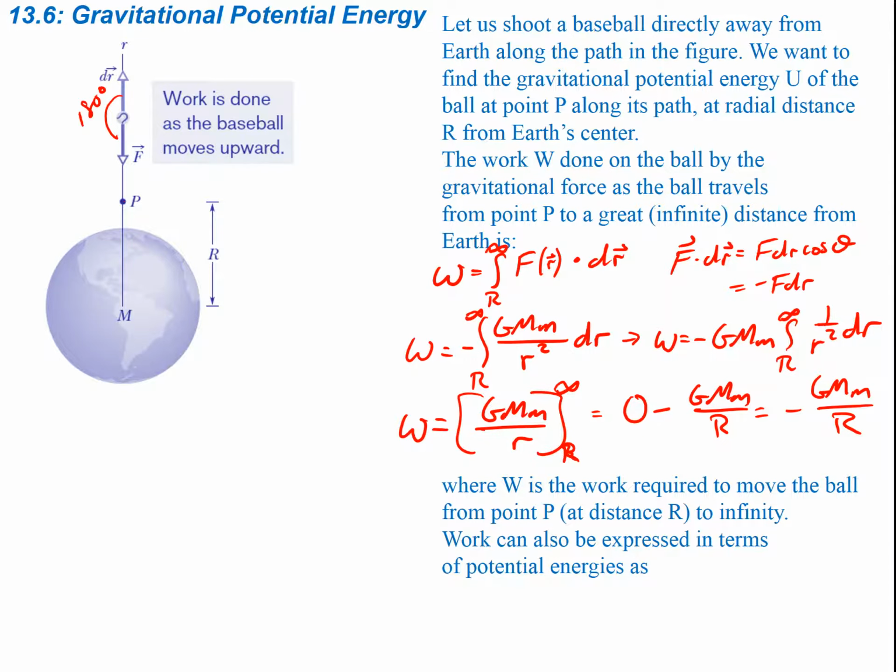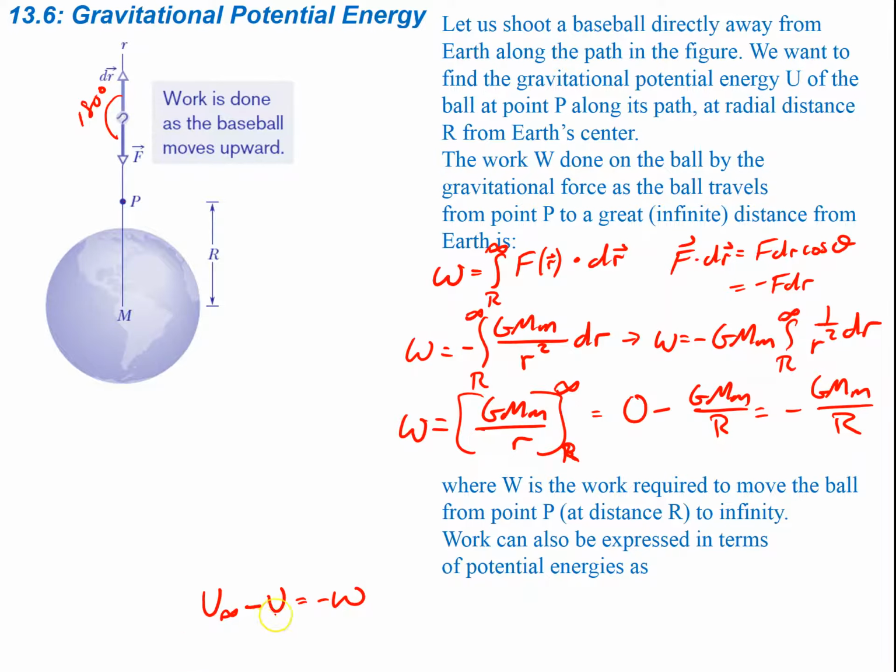Now also, work can be expressed in terms of potential energies, right? We know that there's a direct relationship between the two. The change in potential energy is going to be equal to the negative work. So the potential energy at infinity minus the potential energy at r is going to be minus the work, and potential energy at infinity is 0.